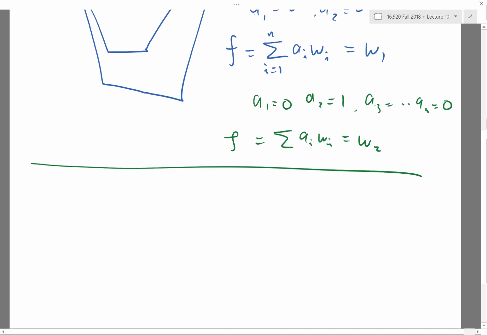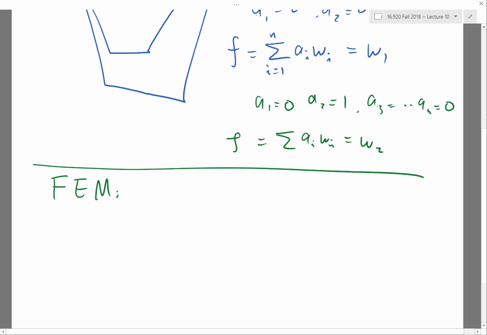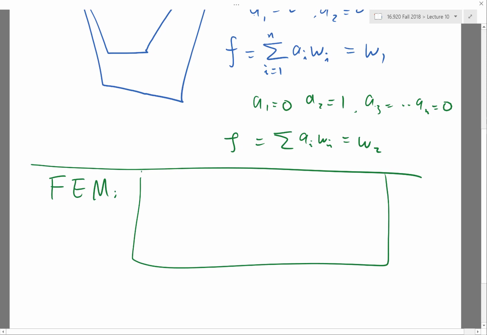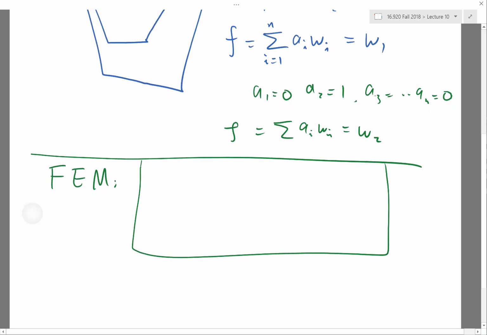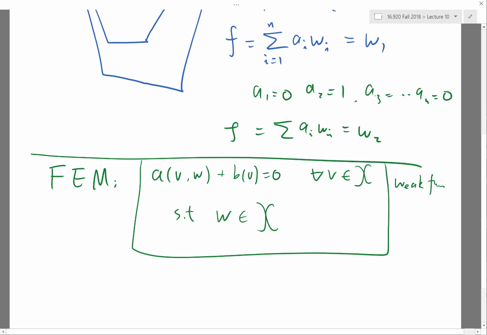Basically, all a finite element method is doing is converting a problem that is the weak form, which is a(v, w) plus equal to 0 for all v within X, such that the constraint is w is in X. Let's make this X0, because they actually can be in different spaces, right?